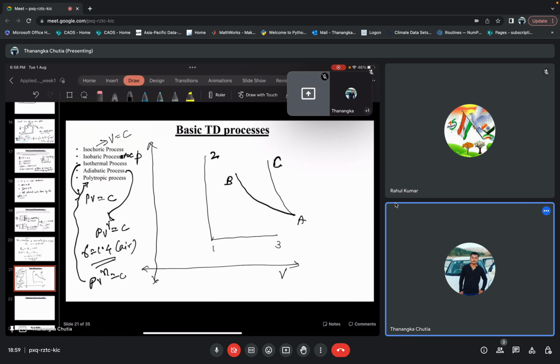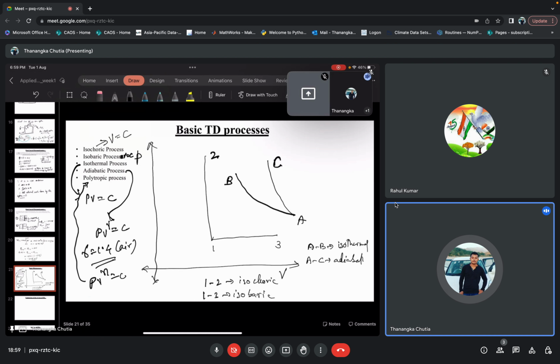Now what I need to show is that 1 to 2 is isochoric, 1 to 3 is isobaric, A to B is isothermal, and A to C is adiabatic.